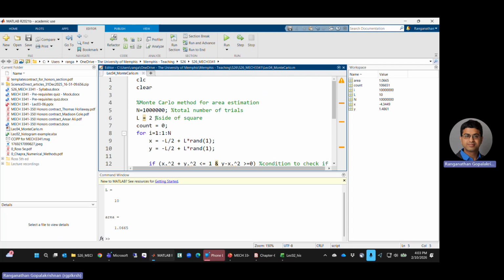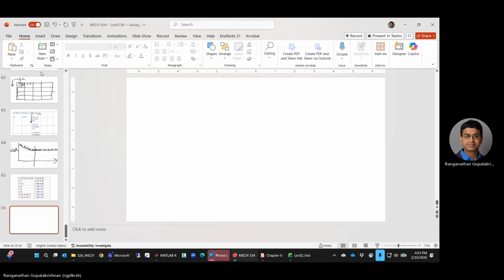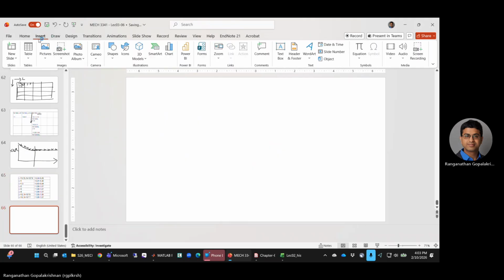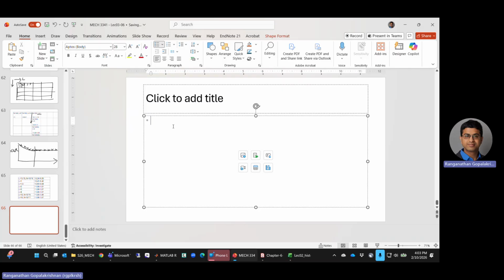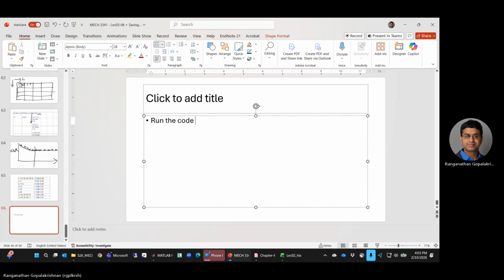You run it once, you run it twice, you run it 10 times, you compute a sample mean. So I'm going to write here. Okay, run the code 10 times, each time with N equals 1 million and L equals 2.